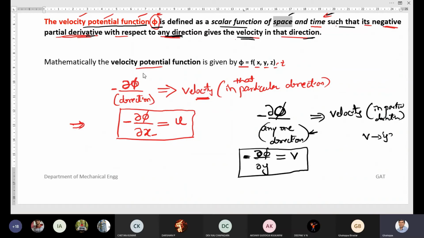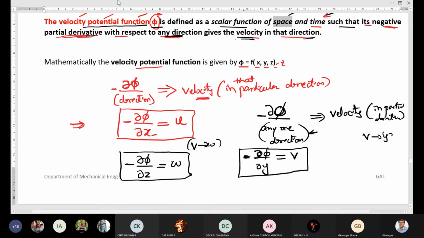Similarly, can I write like this? The negative derivative of the velocity potential function with respect to the z direction will give the velocity in z direction. The velocity in z direction will be w. So this is the velocity potential function.